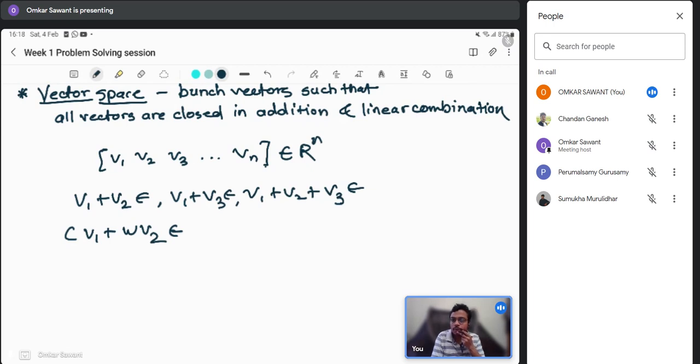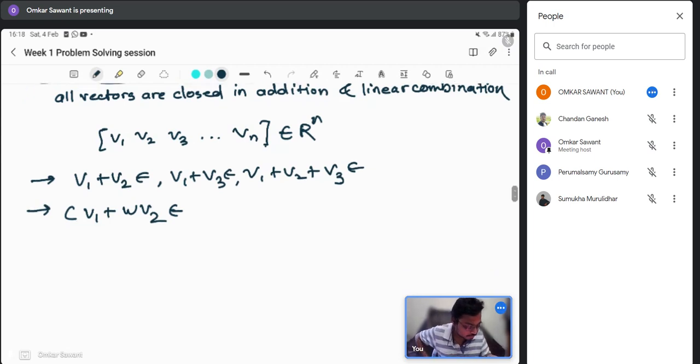It will be only when these two conditions hold: the sum of any of these vectors, or the linear combination, that is, multiplying a scalar c with one vector plus another scalar multiplying another vector, should remain in that vector space.